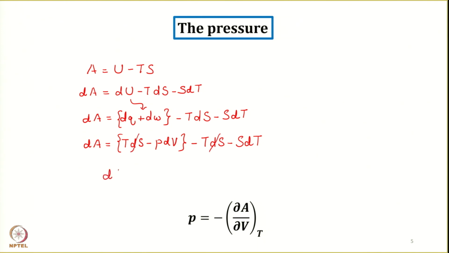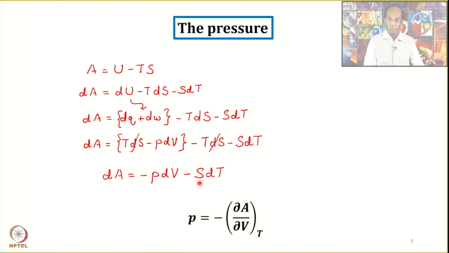So, I have dA is equal to minus PdV minus SdT. Again, I emphasize that this equation is very important. Why? Because it allows you to connect changes in Helmholtz function with pressure and with entropy.